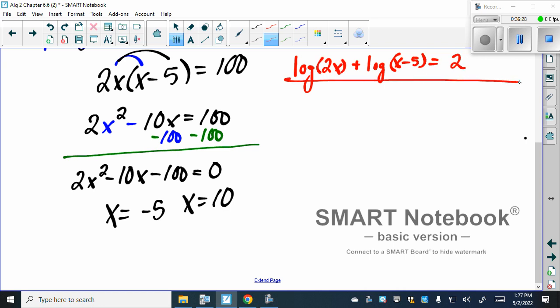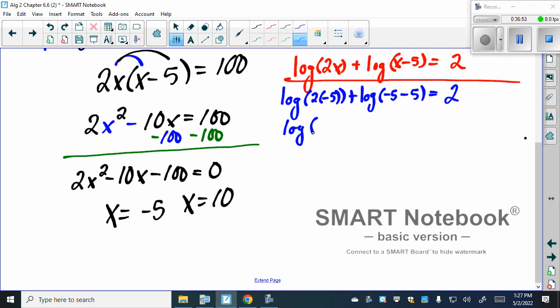Now again, what's inside the logarithms cannot be negative or 0. So if we look at -5, here we'll have log of 2 times -5 plus log of -5 minus 5 equals 2. 2 times -5 is -10, and -5 minus 5 is -10.